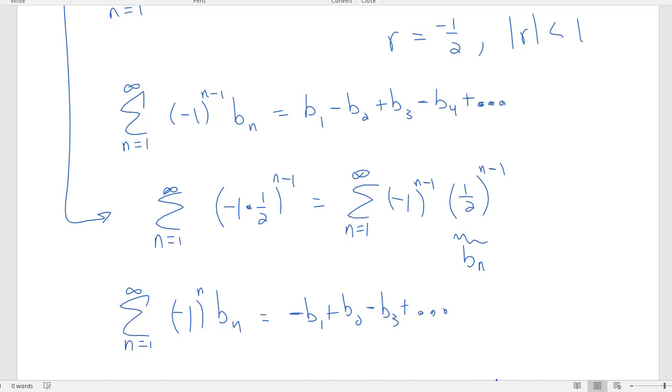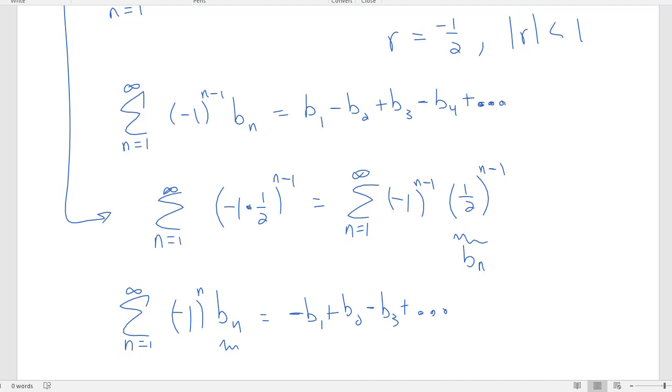And again, in a generic form, what we're doing is pulling off the thing that creates the alternation of the sign. And we're really looking at the absolute value of the terms. We're looking at the b_n, the positive terms without the alternation of the sign of the terms. So we have alternating series, and that's what we're considering in this section.